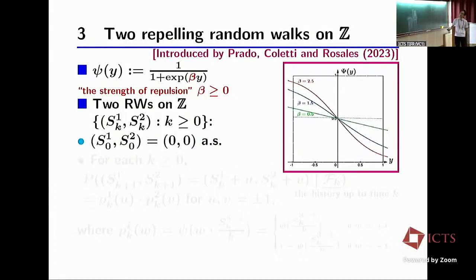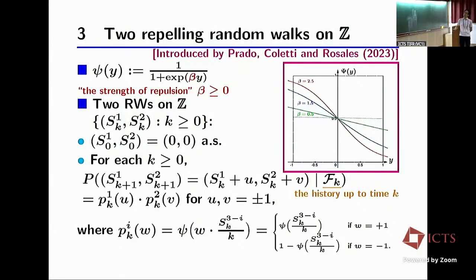The dynamics of two random walks are defined as follows. For simplicity, we assume both random walks start at the origin. And the conditional distribution of the increments is given by the product of p1 and p2.